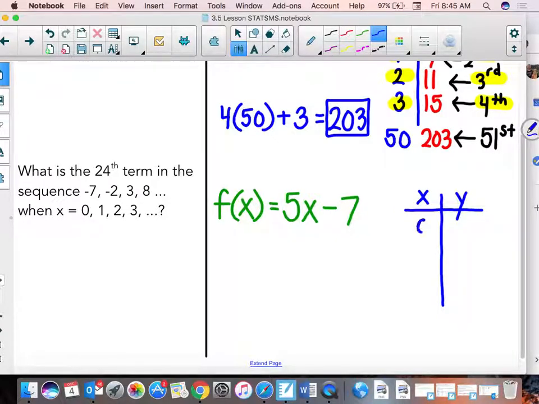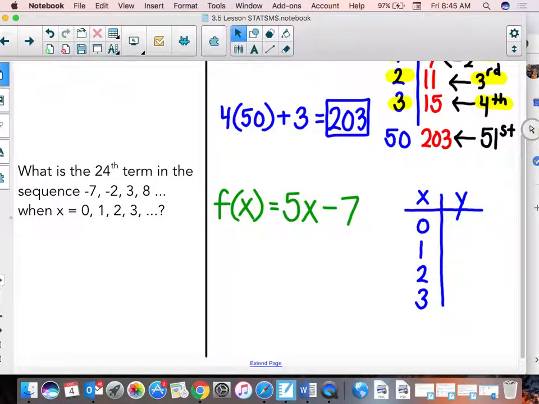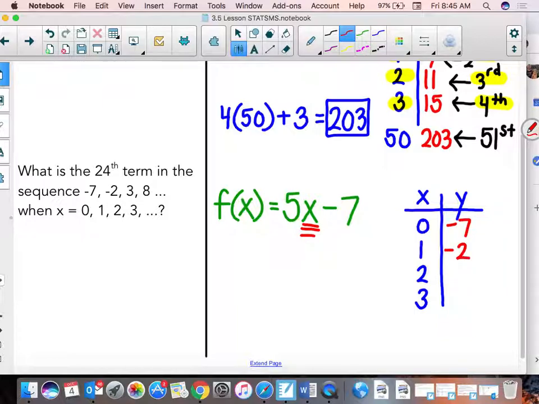x, y. So if I plug 0 in right here, I get -7. If I plug 1 in, I get -2. If I plug 2 in, I get 3. If I plug 3 in, I get 8.